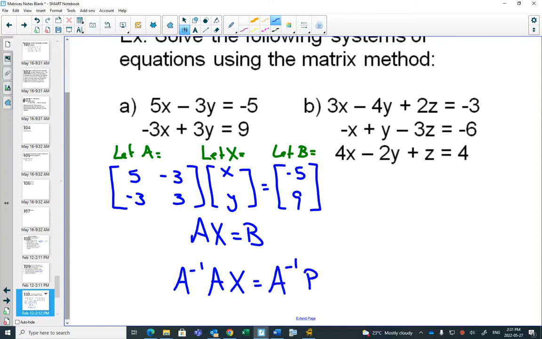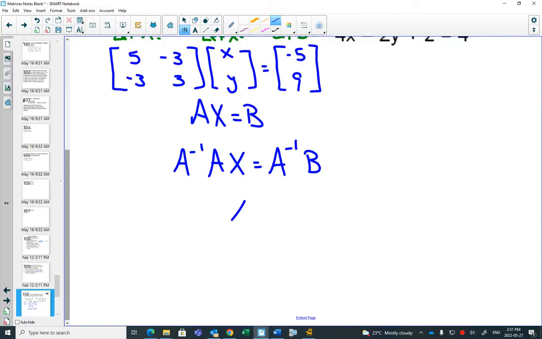So if I multiply by the inverse in front on the left-hand side, I have to multiply by the inverse in front on the right-hand side. A inverse times A will be an identity matrix. An identity matrix will always multiply by something else and make it equal to itself. So in essence, this side just becomes X.